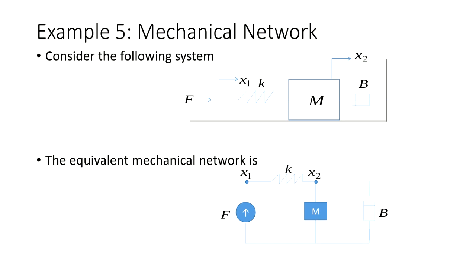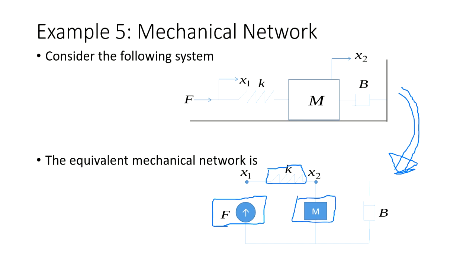Actually, we can replace this with its electrical equivalent. So the force is going to be like your voltage source. The spring constant is going to be like your resistor. And these ones too are impedances. The mass is another impedance, and the damper is also another impedance.